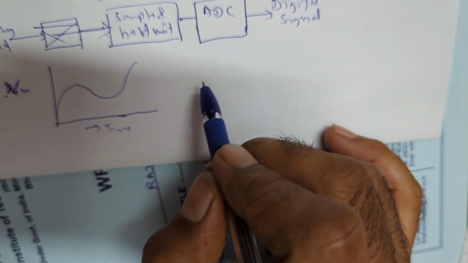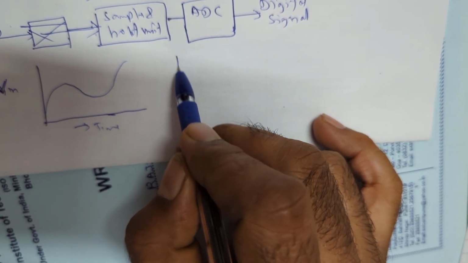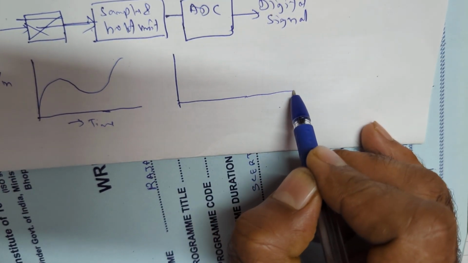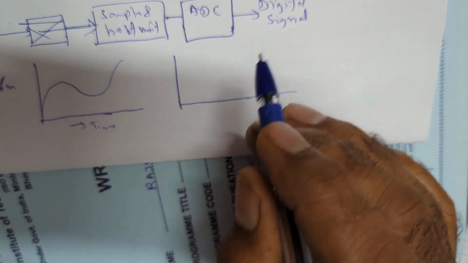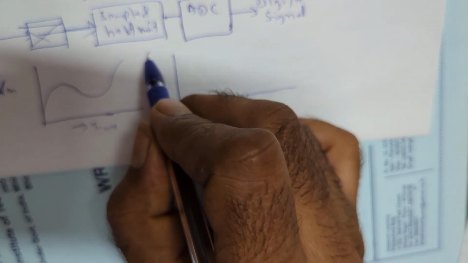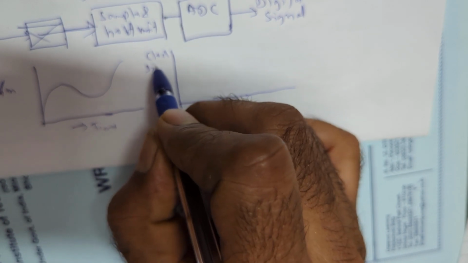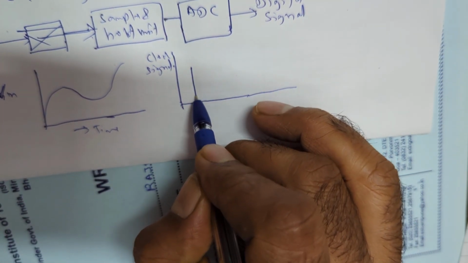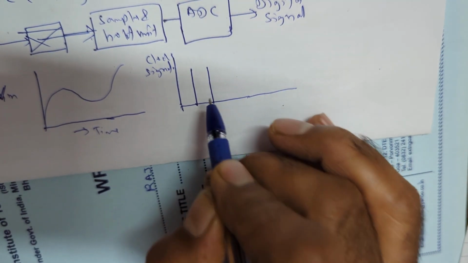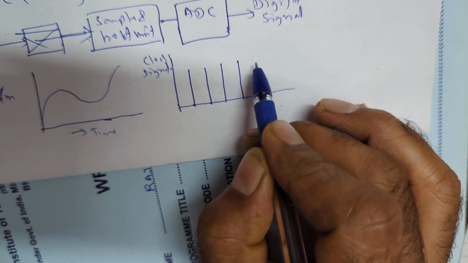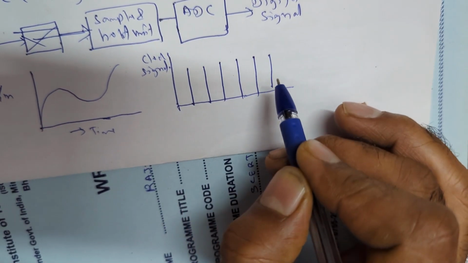Now in case of ADC, there is a clock signal which gives out the pulses at a specific period of time. This is the clock signal. So clock signals are given at a particular discrete period of time, maybe in milliseconds or microseconds. So these are the clock signals.